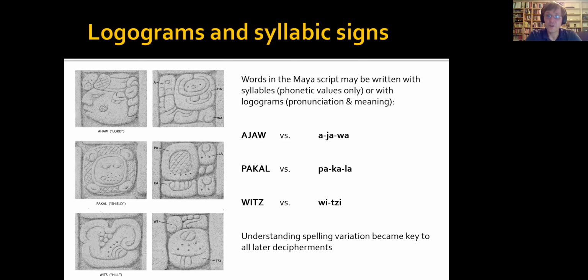Curiously, first person speech is often recorded in syllables only, as if I don't know what that person meant, but I can at least render what was told, like the sounds. So in this way, the author sort of distances themselves from meaning. A syllabic sign only carries the phonetic value, the pronunciation. The logogram has both.